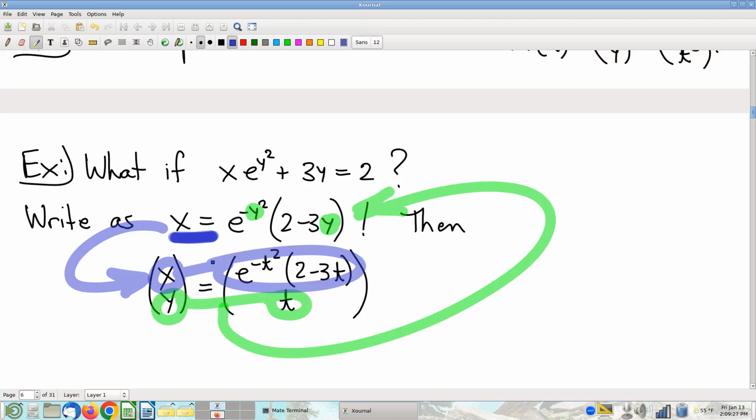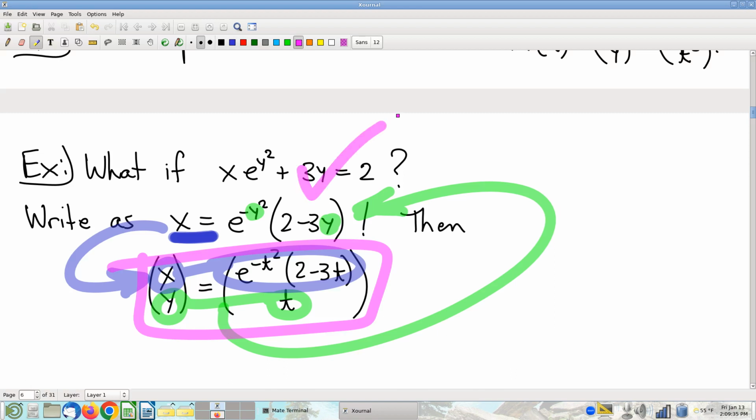And we win. We have ourselves a parameterization. There you go. That is a parameterization of the curve described by that equation. How you doing? Everybody happy? Okay.